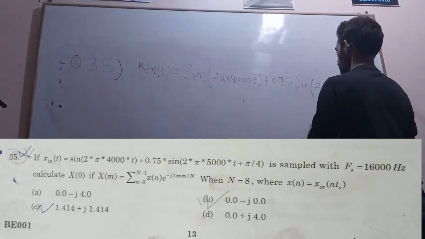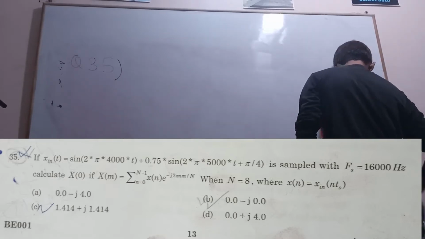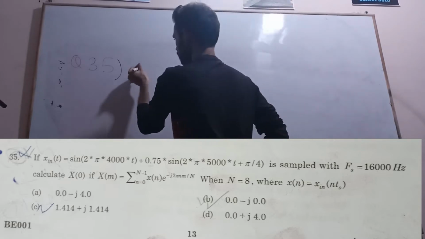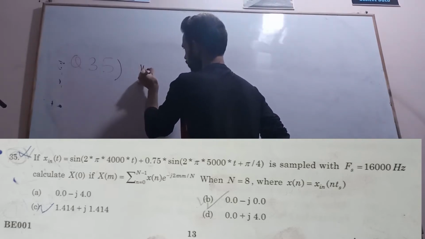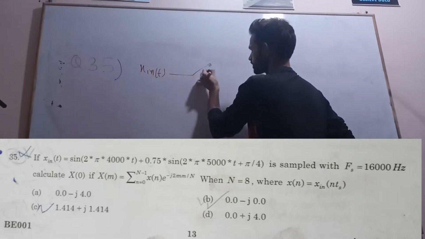Remove this. We know all the data for this question. First of all, we are now going to sample this signal, x in of t. x in of t is sampled.